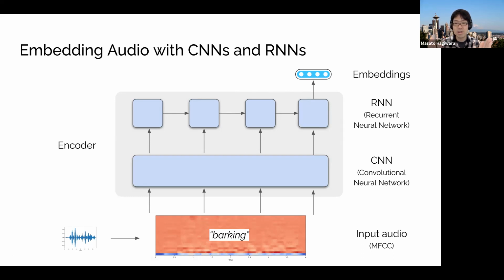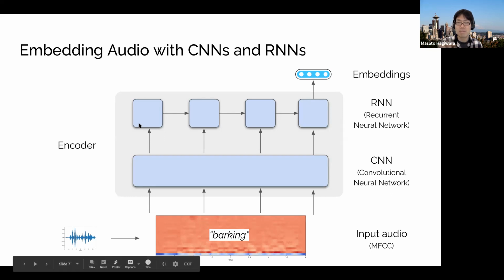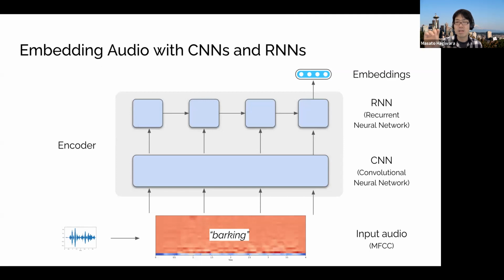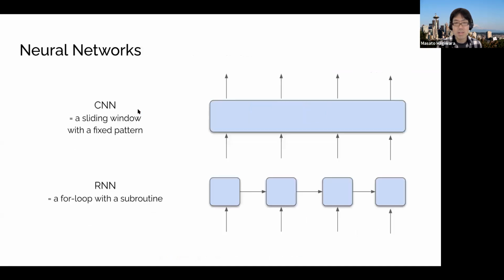You just take the clip of the section for the word, and you feed this into the CNN, or the convolutional neural network. Then the RNN, the recurrent neural network, processes this, and it gives you back this embedding. That's how this operates.